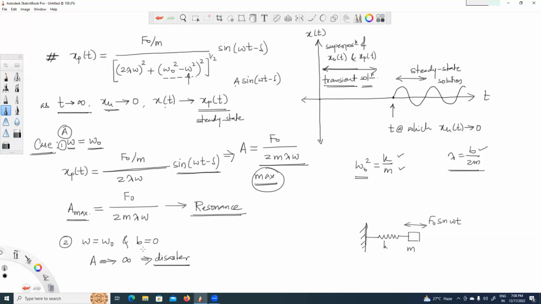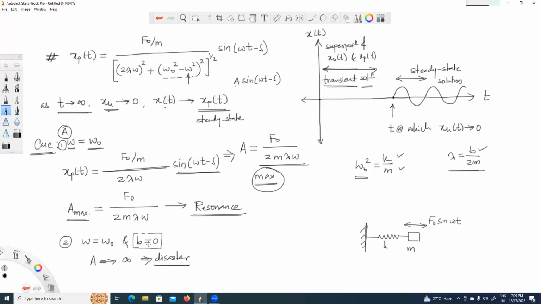But remember, this is a very hypothetical case. What is meant by having damping equal to 0? Damping is basically a resistive force, and in practice, in nature, we cannot eliminate any kind of resistive force. Look at the examples nearby. Even if you consider a simple pendulum, though you don't feel any resistive force, there is air, and if your body is moving in air, the air is going to oppose it through air drag.